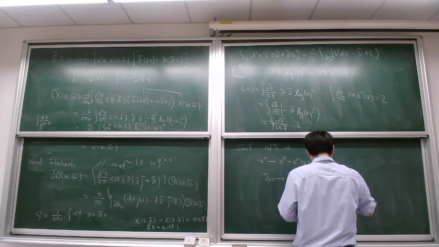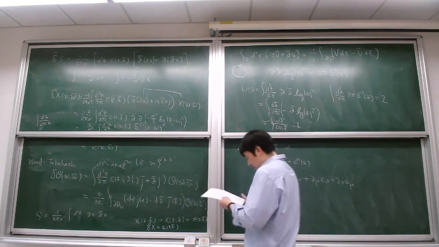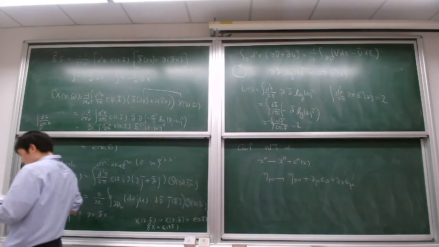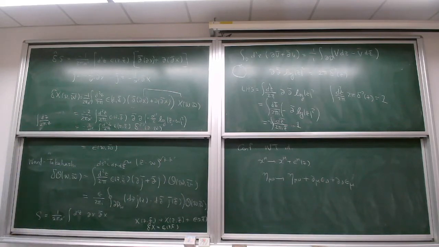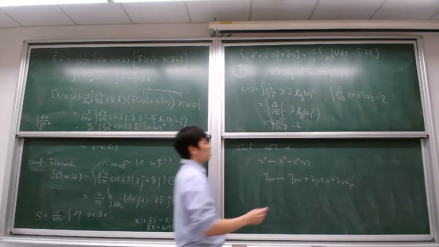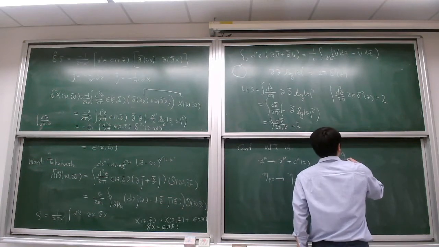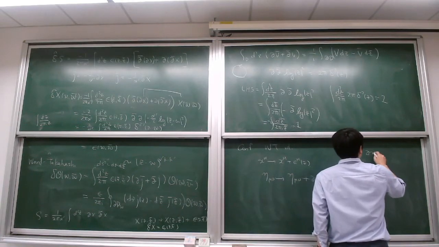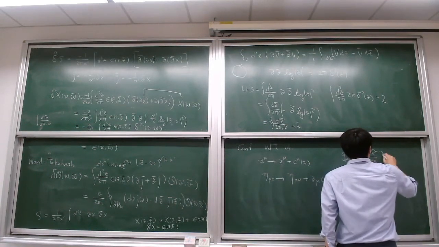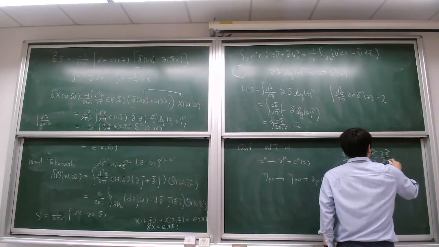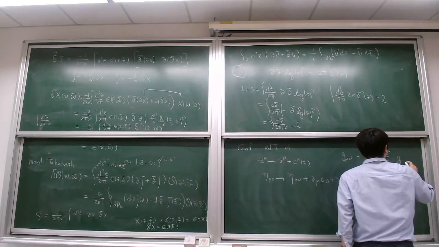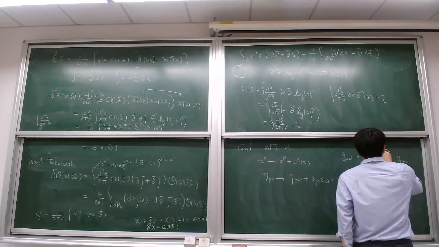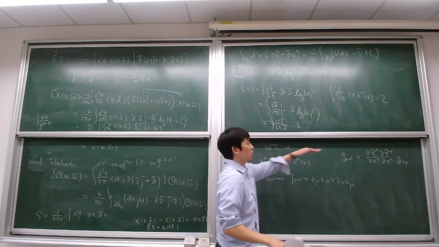So therefore, this is the infinitesimal coordinate transformation. This is the infinitesimal version of g_mu nu. I already explained this many times. If you learn GR, you get this one, and you just apply it here and you get this.